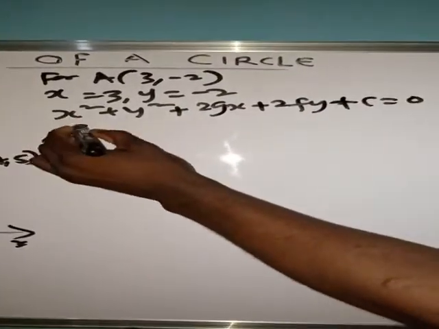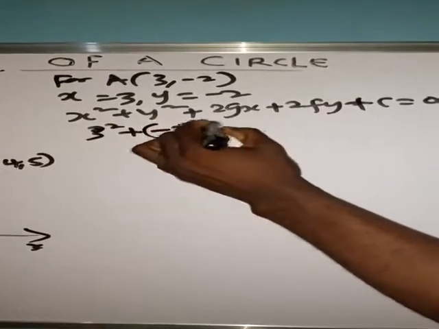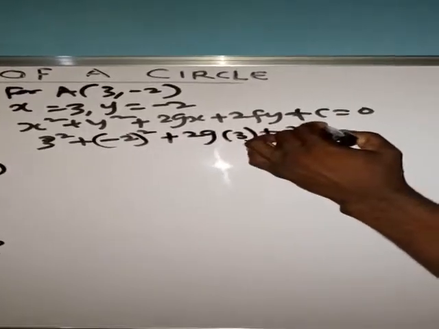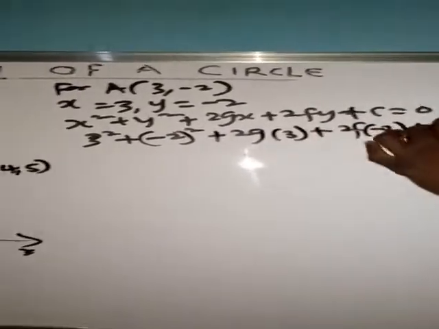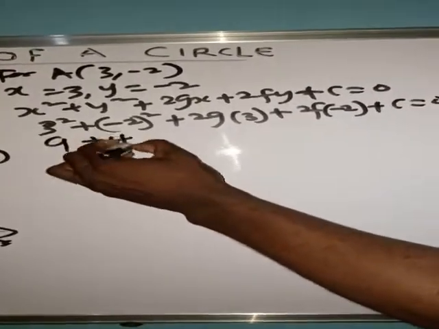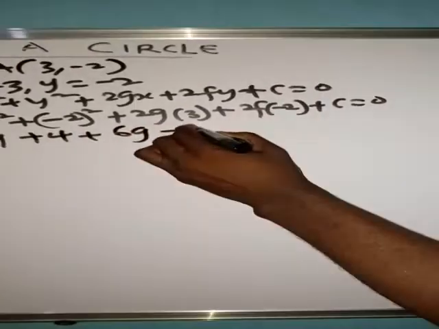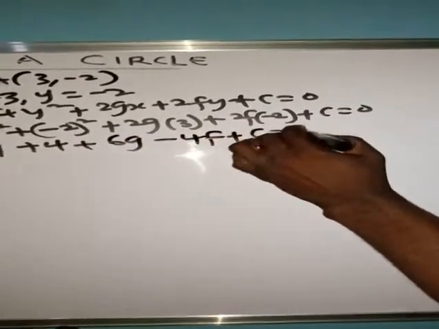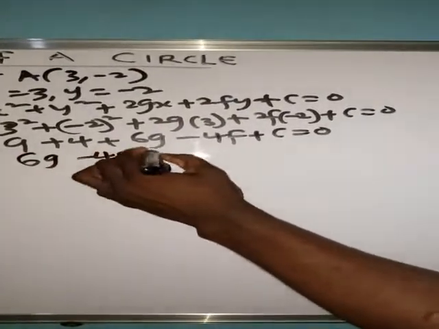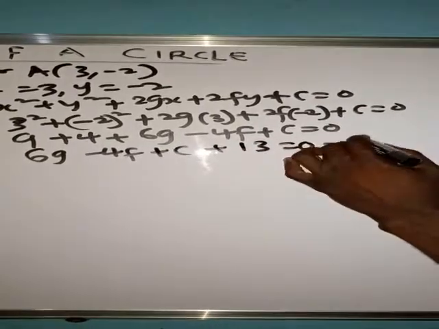So x is 3: 3 squared plus minus 2 all squared plus 2g times 3 plus 2f times minus 2 plus c is 0. 3 squared is 9, minus 2 squared is plus 4, plus 2 times 3 is 6g, minus 4f plus c is 0. So we have 6g minus 4f plus c plus 9 plus 4 is 13, equal to 0, equation 1.